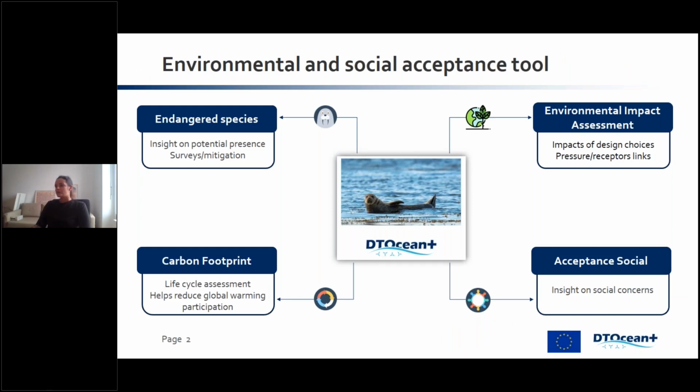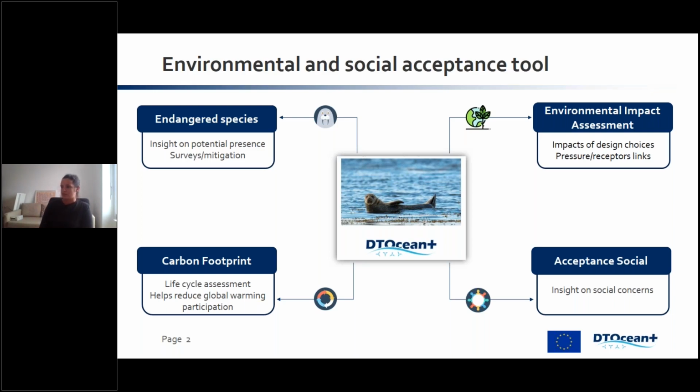Following the regulatory context of environmental risk assessment and socio-economic opportunities, the tool was structured into 4 different features representing 4 complementary assessments. First, the tool will evaluate the potential presence of endangered species in the area of implementation and provide some recommendations on surveys or mitigation measures that can be carried out at the implementation site.